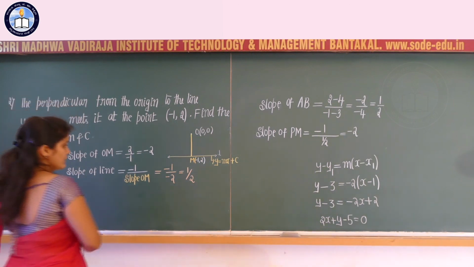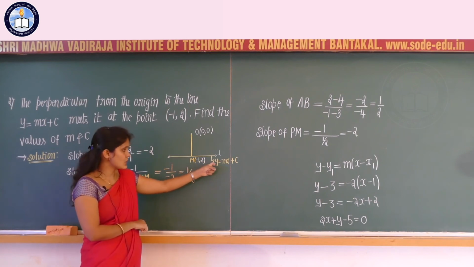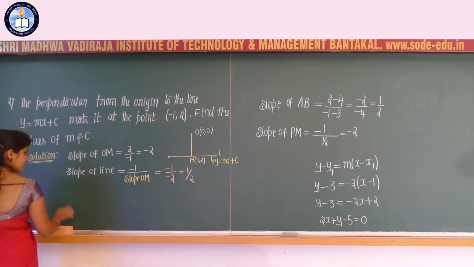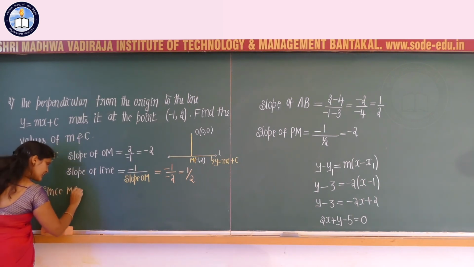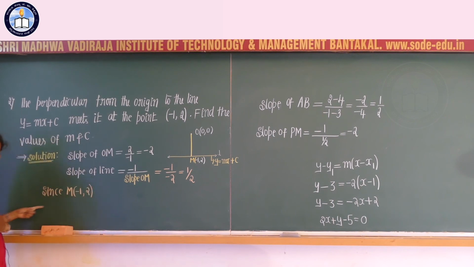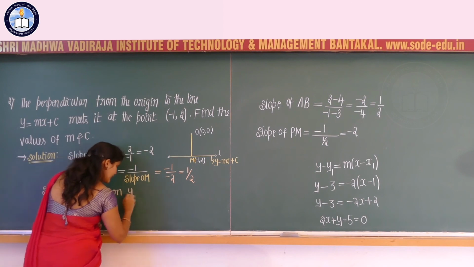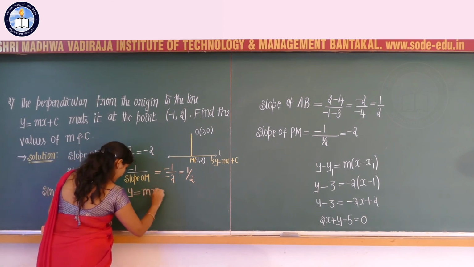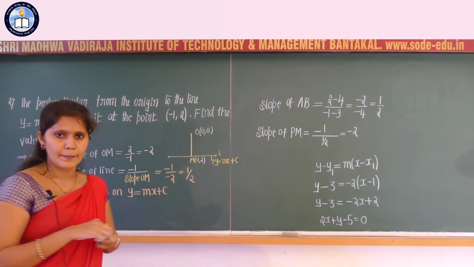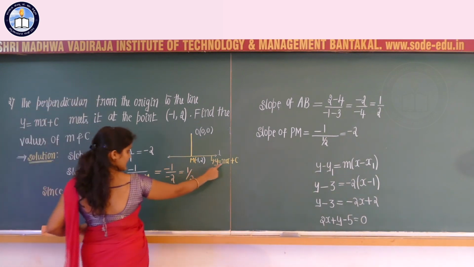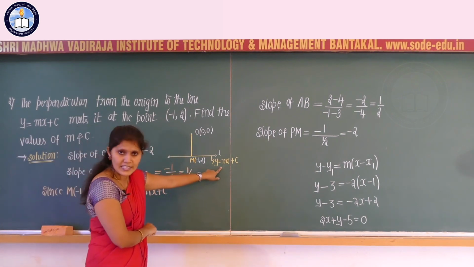And also we know that this point M of minus 1, 2 lies on the line L. So since the point minus 1, 2 lies on the line y is equal to mx plus c, this point satisfies the equation.